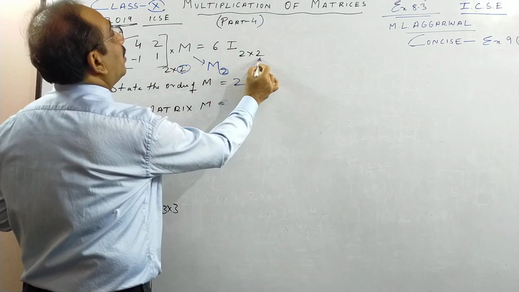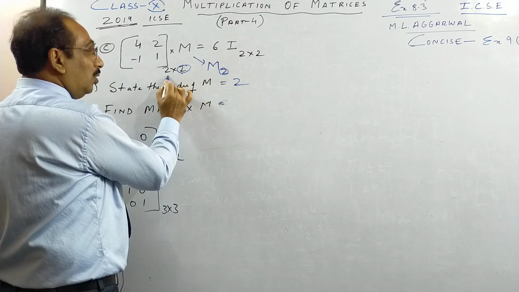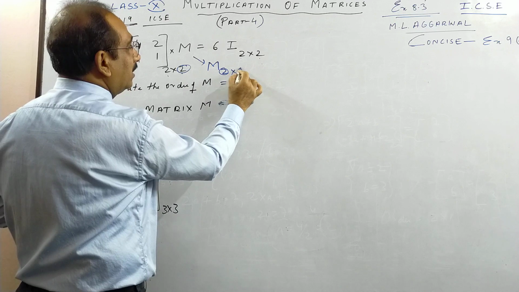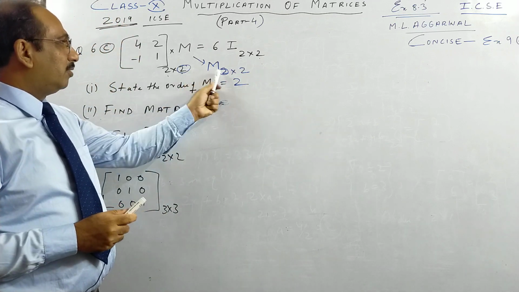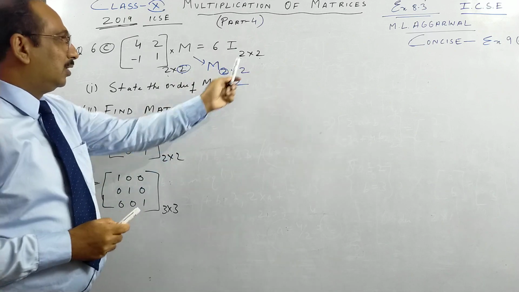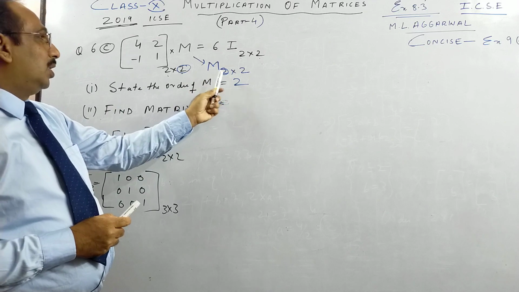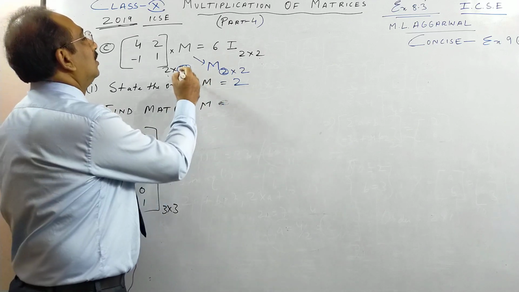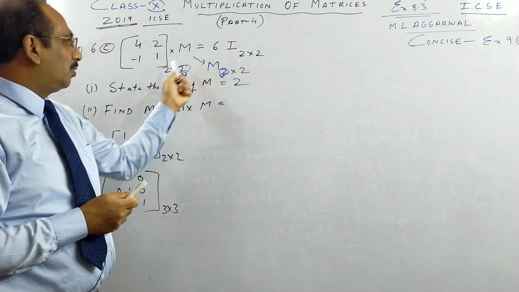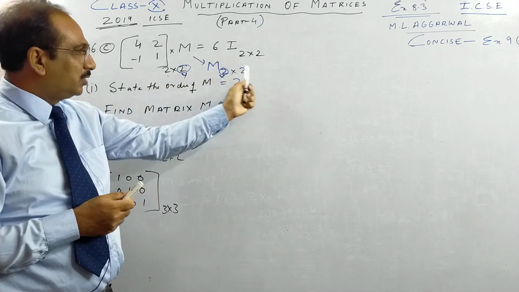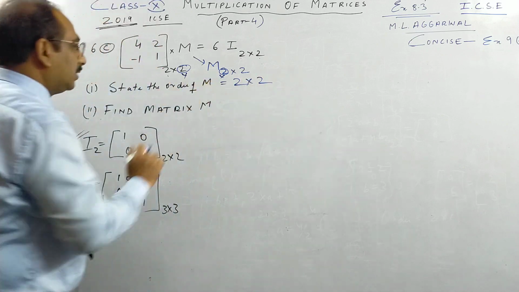What remains? If this is 2, the row of the first, then the column of the second should also be 2. Once more, these two should be equal, then they can be multiplied. Mentally you delete this, so here we have 2 by 2. So the order of M is 2 by 2.